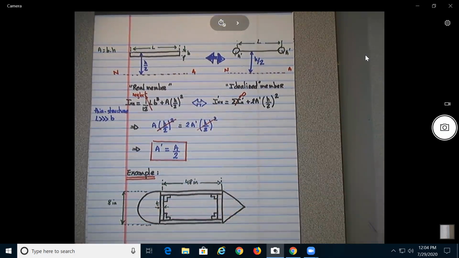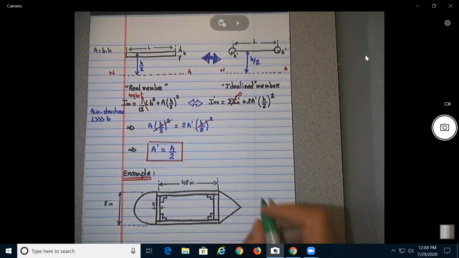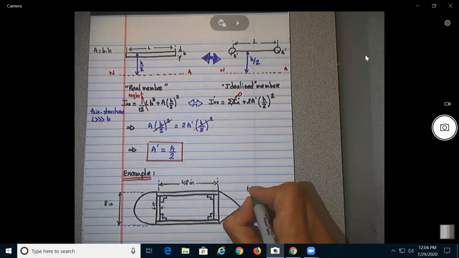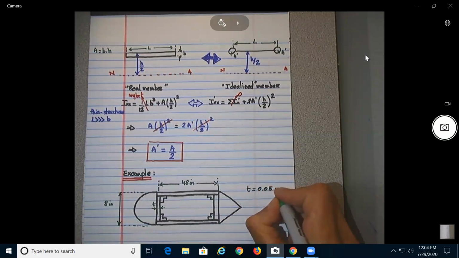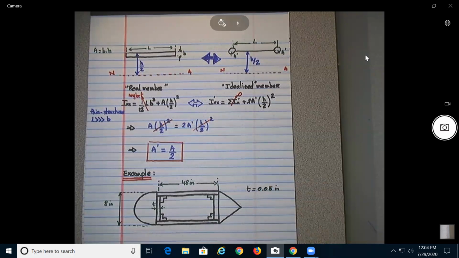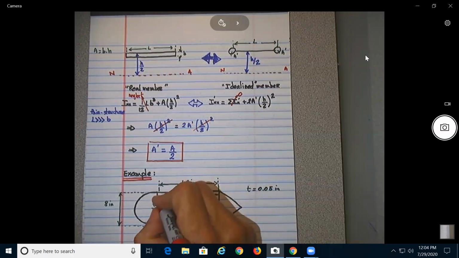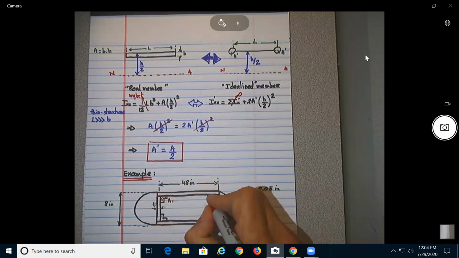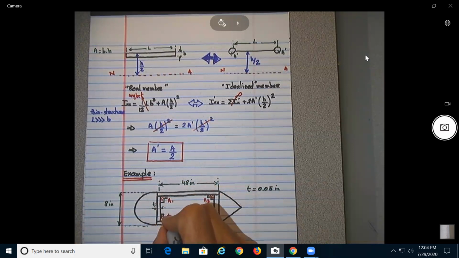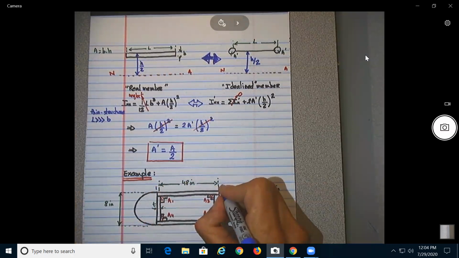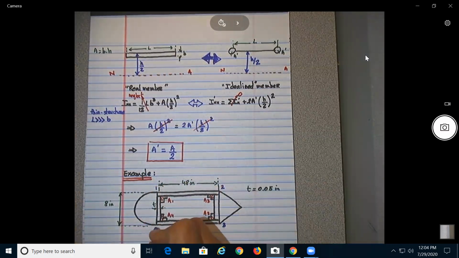The thickness of all the members is T, and T is equal to 0.05 inches. And now imagine this one has an area A1, A2, A3, A4, okay? So that these will be points 1, 2, 3, 4.